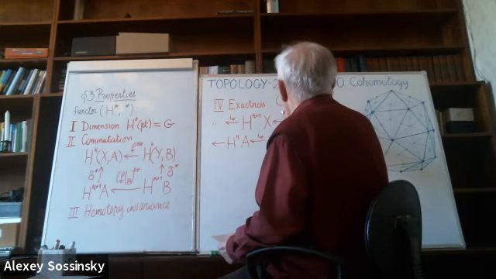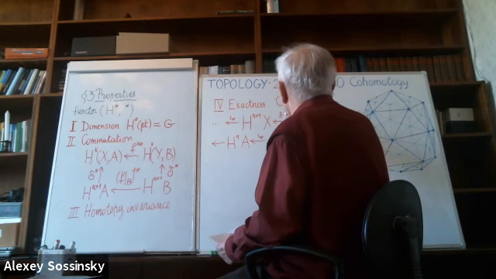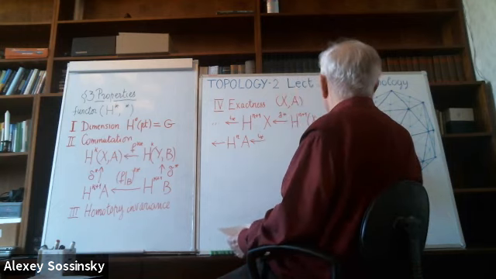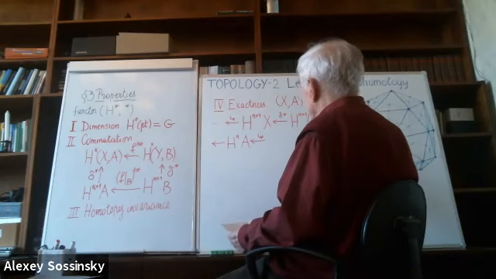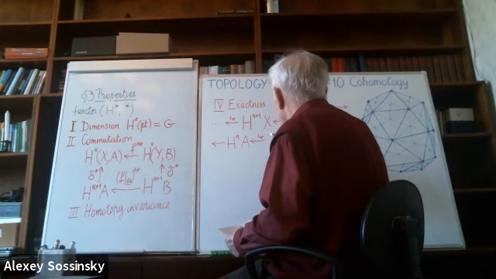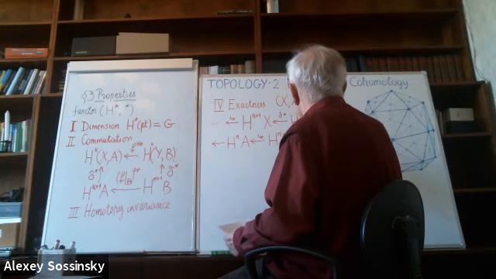This is called j star. And this is the most important one. That's the delta star that appears here. And so on. Well, let me write this one. H^n of X. And so on.